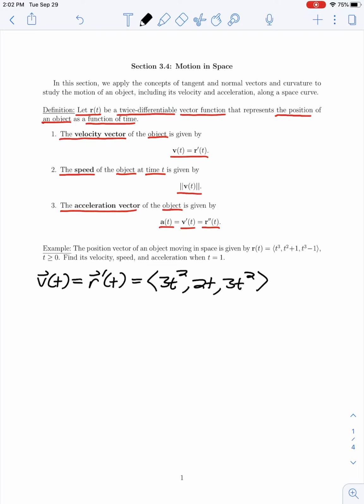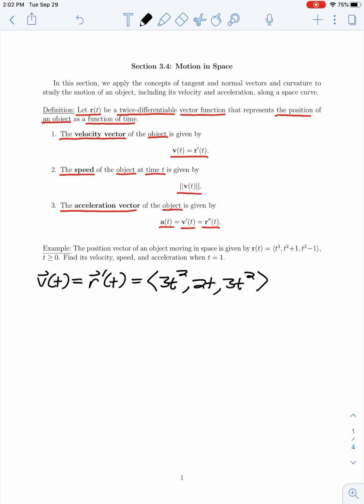Now we wanted the velocity at a particular moment in time, namely when t is equal to 1. But let's maybe find just an expression for the speed at any general time, or the acceleration at any general time first, and then we'll evaluate these at the specific time of interest.